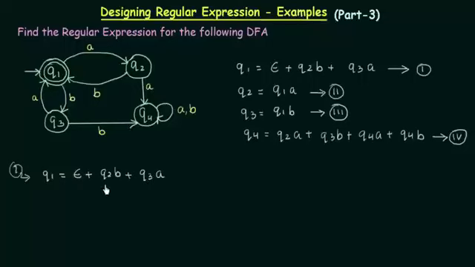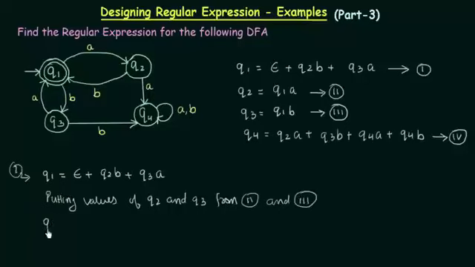Now we see that we have Q2 and Q3 over here, and their values can be substituted from equations 2 and 3. So let me put the values of Q2 and Q3 from equations 2 and 3.